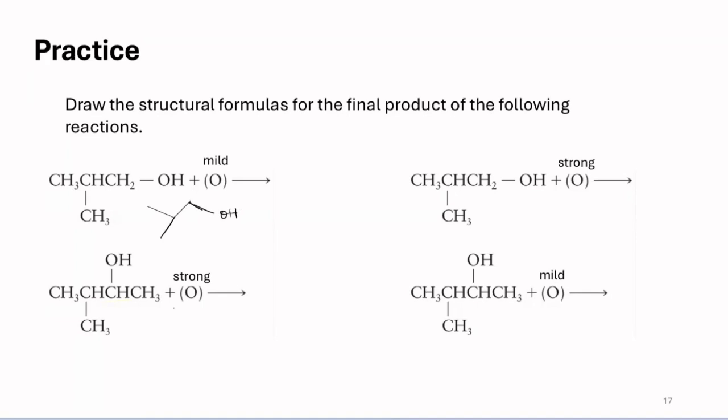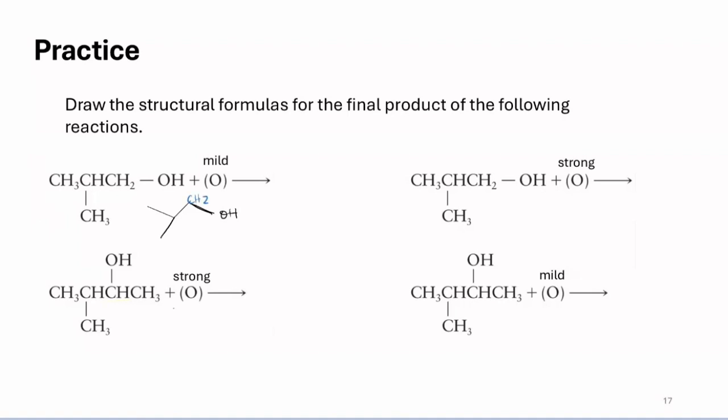Remember that we can always convert skeletal to condensed and vice versa. For those students that may have some difficulty understanding how I convert this molecule to this one, I'm going to rewrite the atoms that I have in my skeletal.